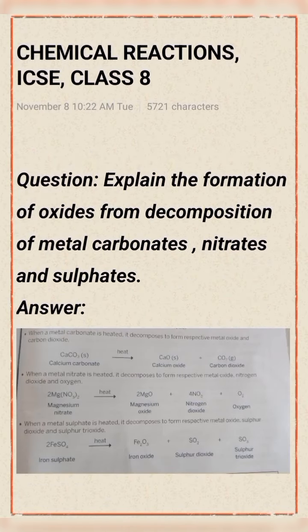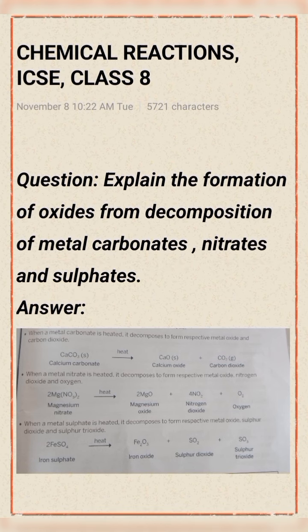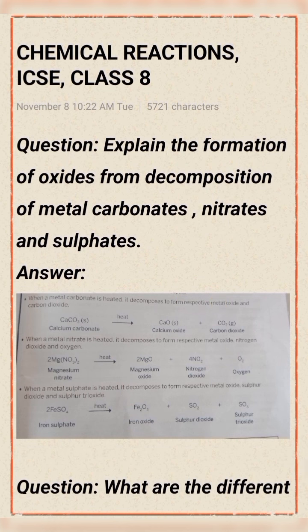Explain the formation of oxides from decomposition of metal carbonates, nitrates and sulfates. That is, first part, when a metal carbonate is heated, it decomposes to form the respective metal oxide and carbon dioxide. Okay.